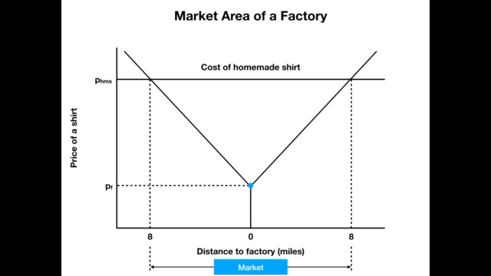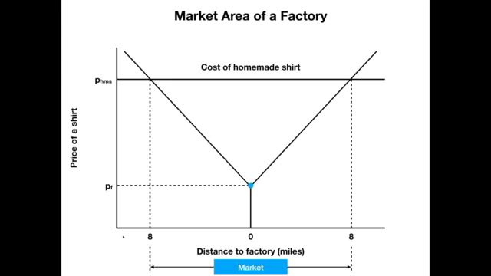But once we start moving past that, into an area where it's 9 miles, 10 miles, 11 miles, it's cheaper for those individuals to make the shirt at home. So they will engage in home production for any individuals who are more than 8 miles from the factory.